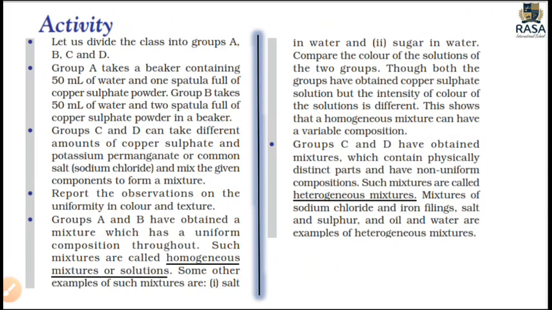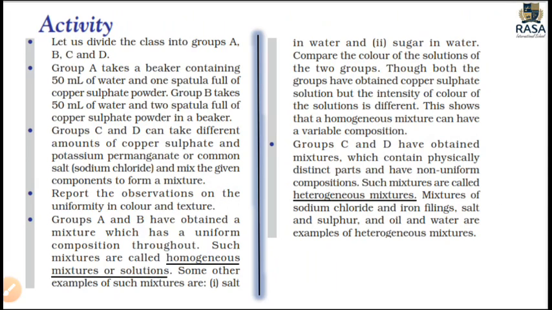Now what about group C and group D? Groups C and D have obtained mixtures which contain physically distinct parts. Physically distinct parts means physical boundaries can be seen, because here they are not mixed uniformly.